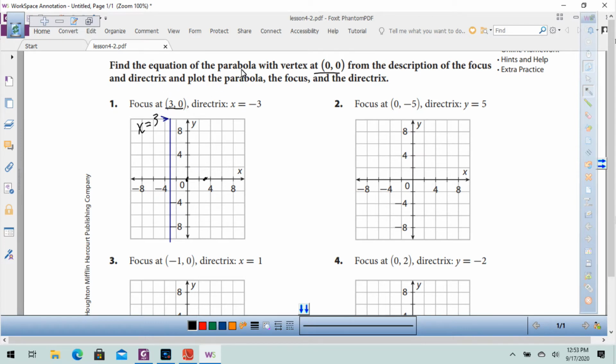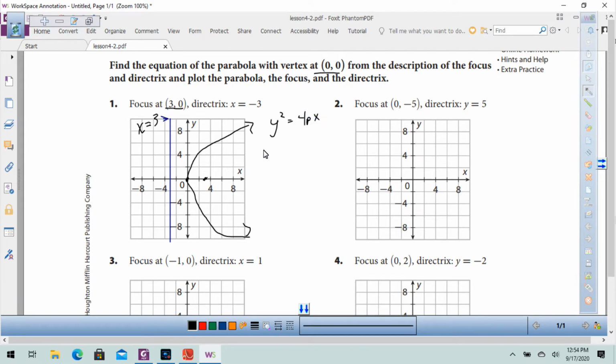Okay, so we're going to need to find the equation. Since this is going to open to the right, it's going to look something like that right there. We're going to have y squared equals 4px.